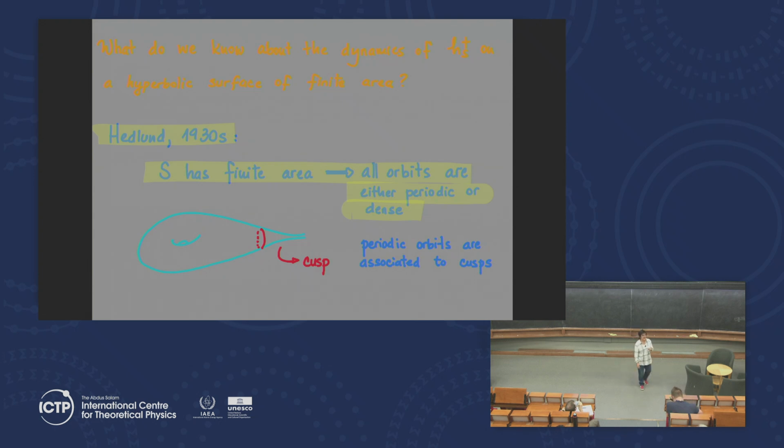It says that for a hyperbolic surface of finite area, orbits are dense or closed, periodic, and periodic orbits are associated to cusps in the surface. So each cusp is endowed with a one-parameter family of closed orbits for the horocycle flow.